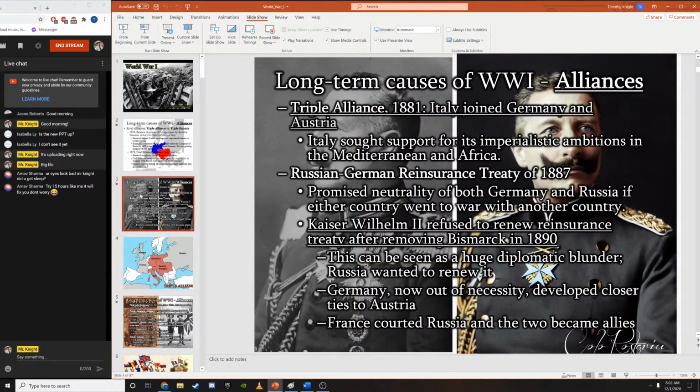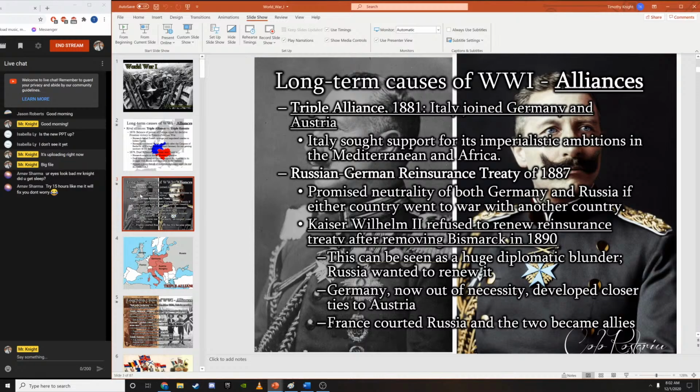Now, Italy ends up joining in this alliance, okay? And I need to emphasize right now that this is a pre-World War I alliance. The reason that I am emphasizing that is because when the war actually starts, we see some changes to the alliances.